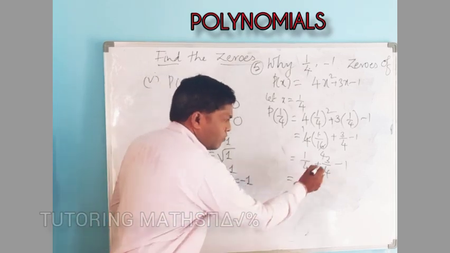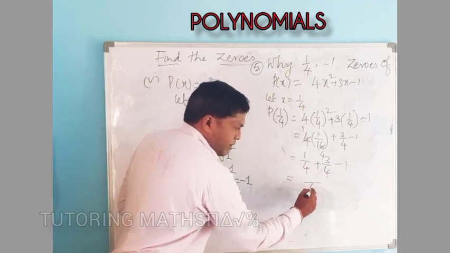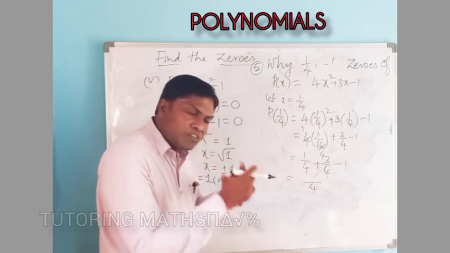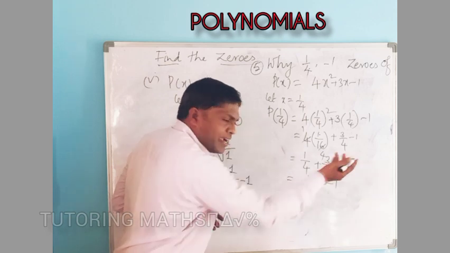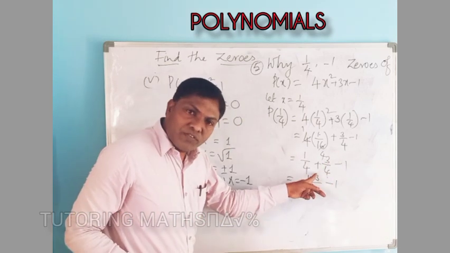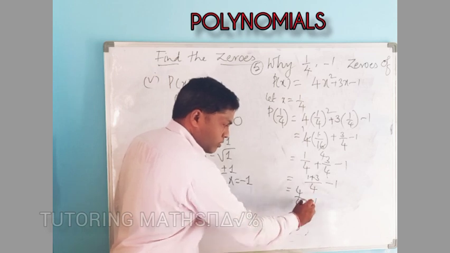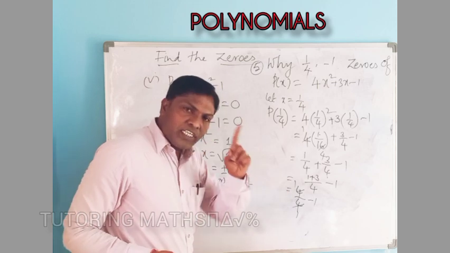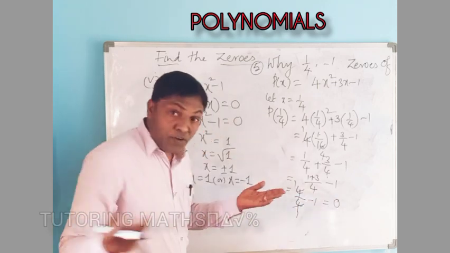To find the sum of these two like fractions, the denominator remains the same, 4, and directly you can find the sum of the numerators, that is 1 plus 3. 1 plus 3 is 4, so 4 by 4, and 4 gets cancelled, and finally this fraction equals 1, and 1 minus 1, the result is 0.